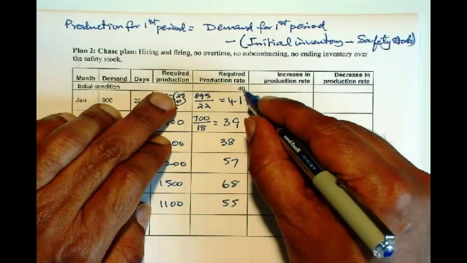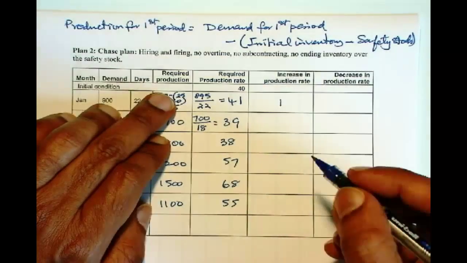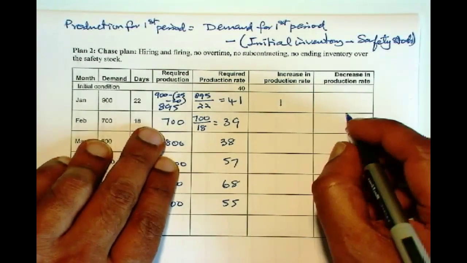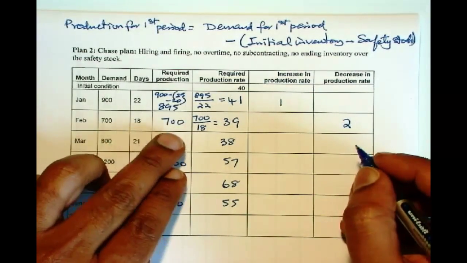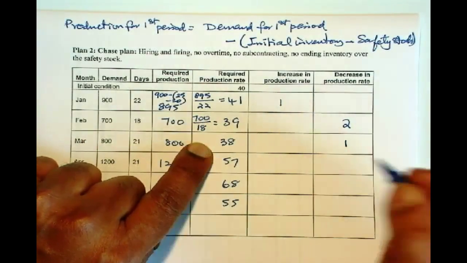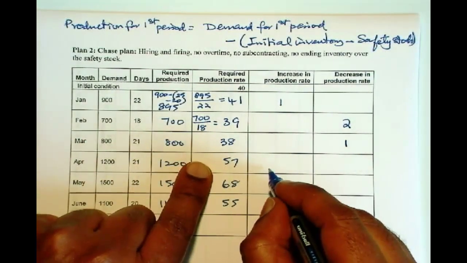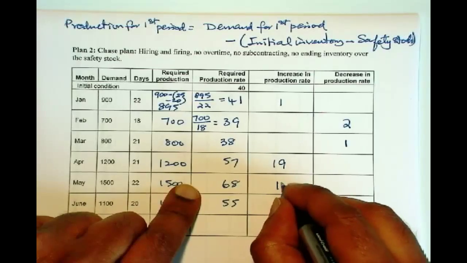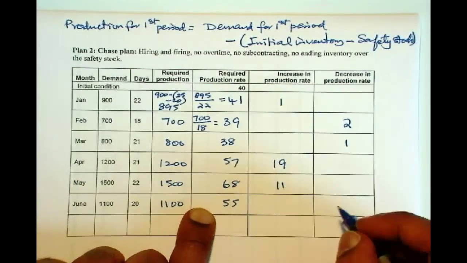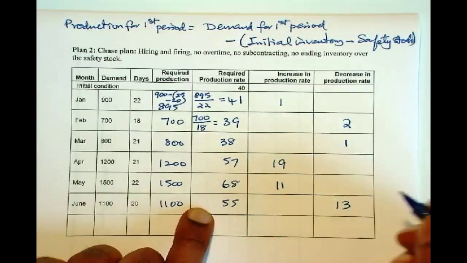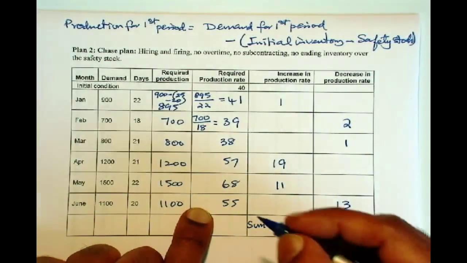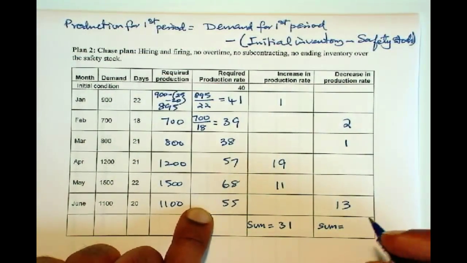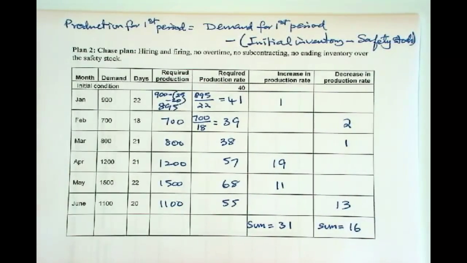So from 40 we have to increase it by 1 unit a day, and then going from January to February we have to decrease the production rate by 2, and then again decrease by 1 more unit, and for April we have to increase it by 19, 38 to 57, and then 11, and then final month we have to decrease by 13. So we then sum this, the total increases along the 6 months and the total decreases over the same period, 6 months, is 16.